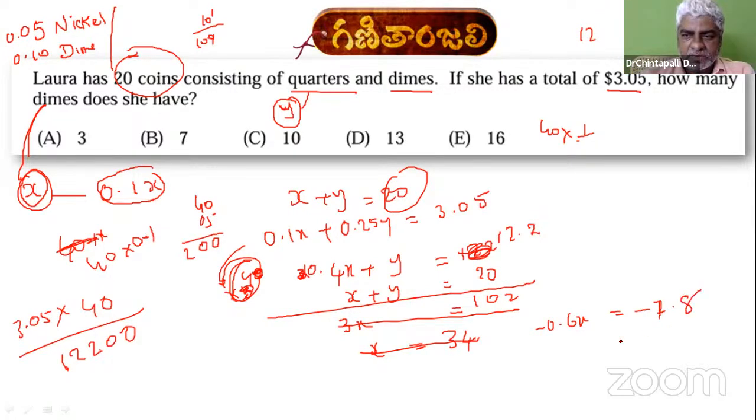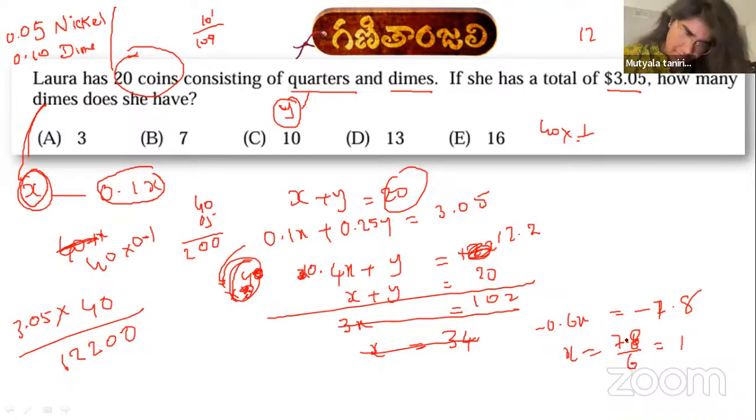Negative 7.8, right. x is equal to 7.8 by 0.6. 13, right. That's correct.